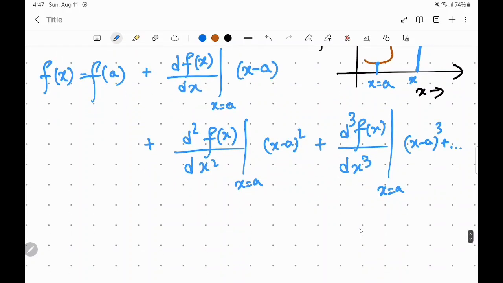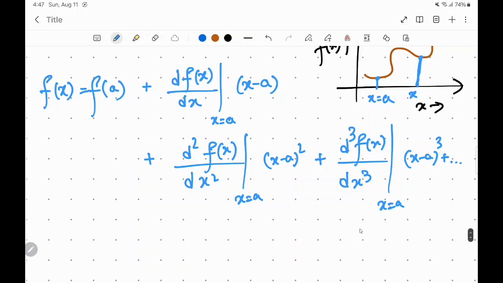Okay, this is the Taylor series. This is the general formula for the Taylor series.